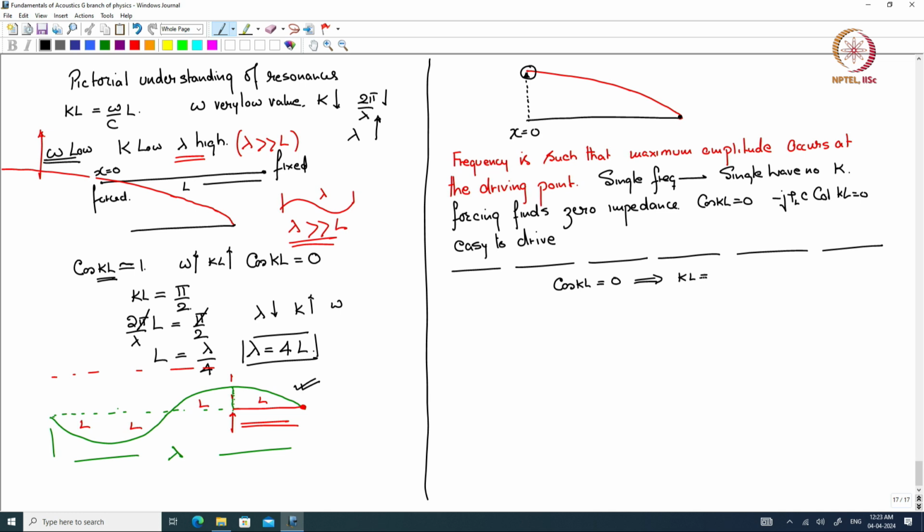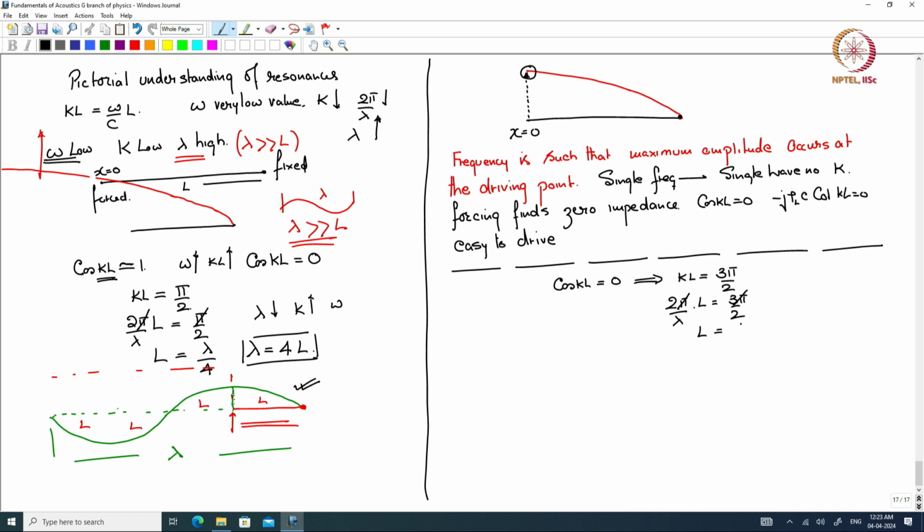KL is 3 pi by 2, not pi by 2, 3 pi by 2. So now, twice pi by lambda into L is equal to 3 pi by 2, pi goes away.